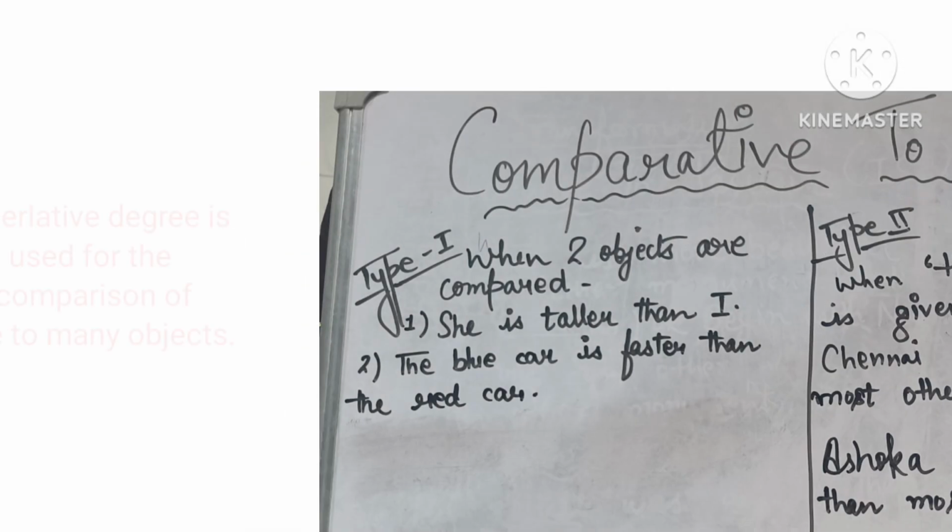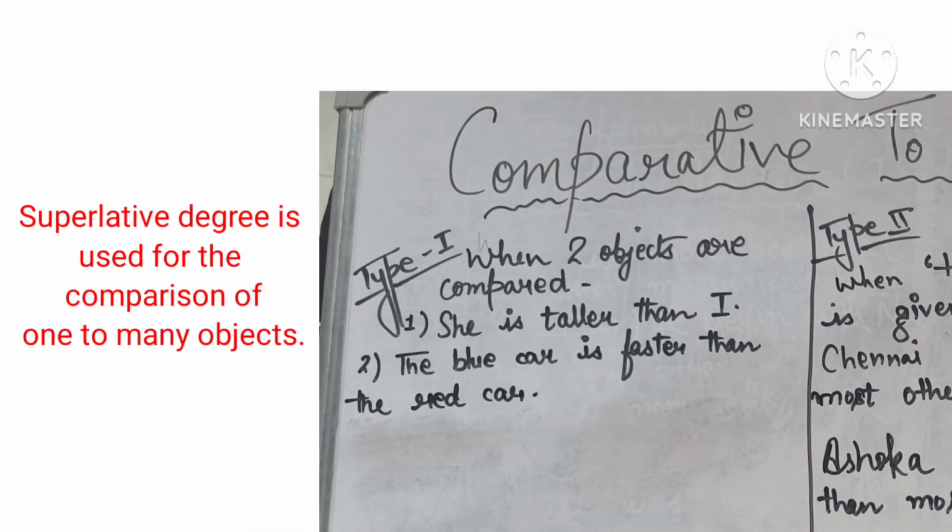Why? Because what is the meaning of superlative degree? Why do we use superlative degree? Superlative degree is used whenever we have to compare one object to many objects, right? So when we compare one object to many objects, then only we take the superlative degree. And here in these examples, only two objects are compared. One to many objects are not compared.